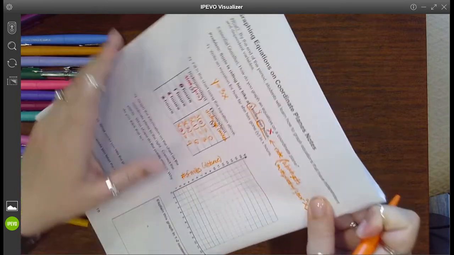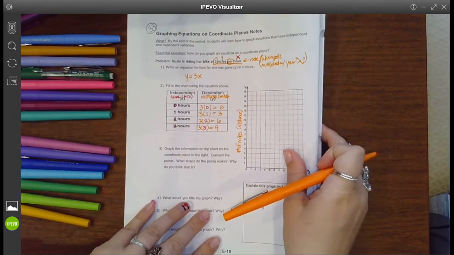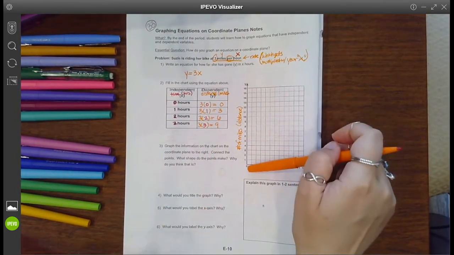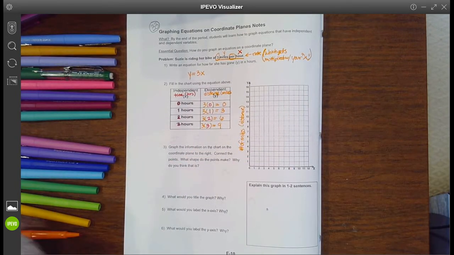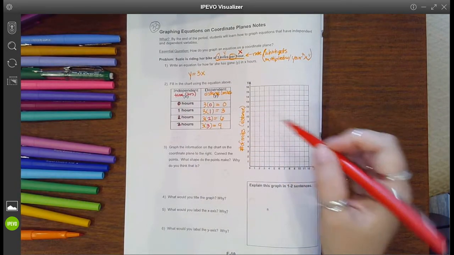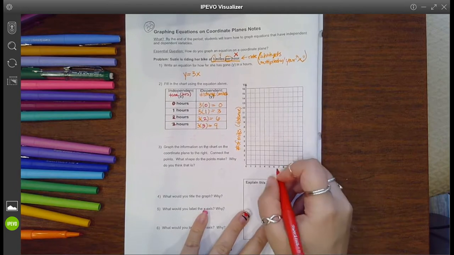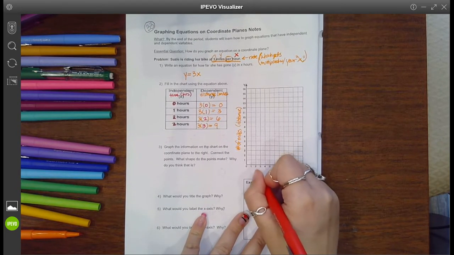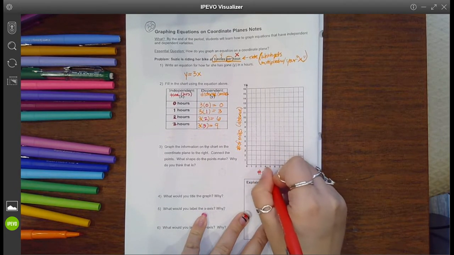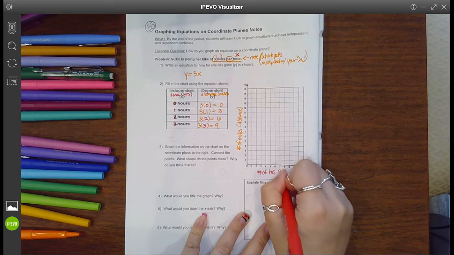That's what the y-axis was talking about. So if they say label the two axes, we know that this is the y-axis, and I want to know, what was it talking about? It was talking about the number of miles. And the x-axis is talking about what? The number of hours or time.